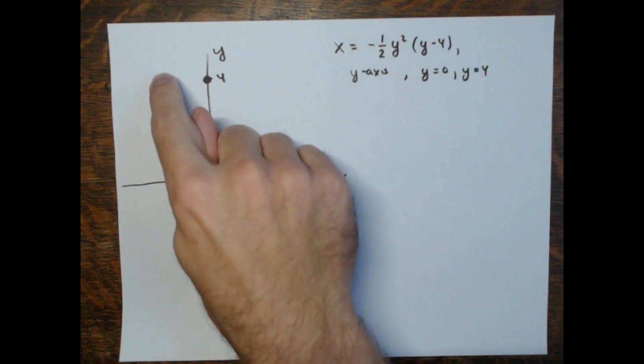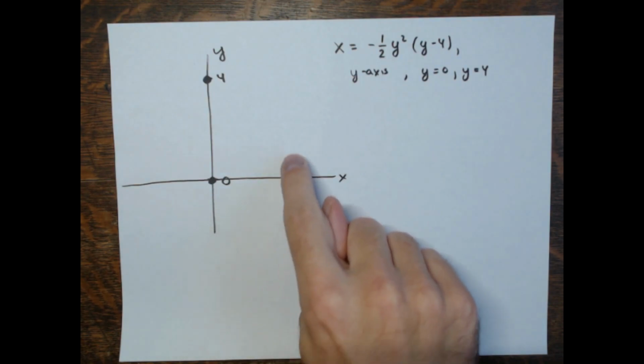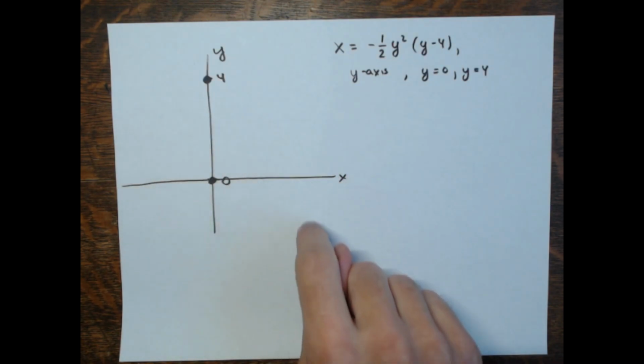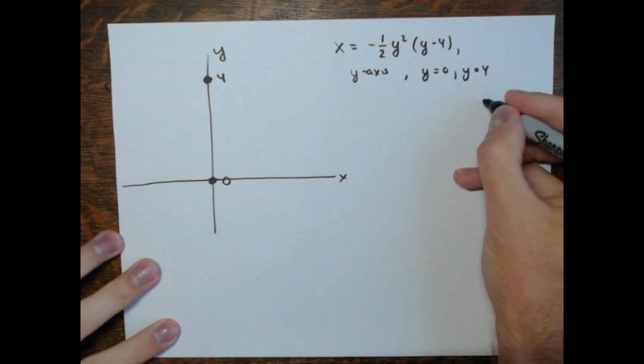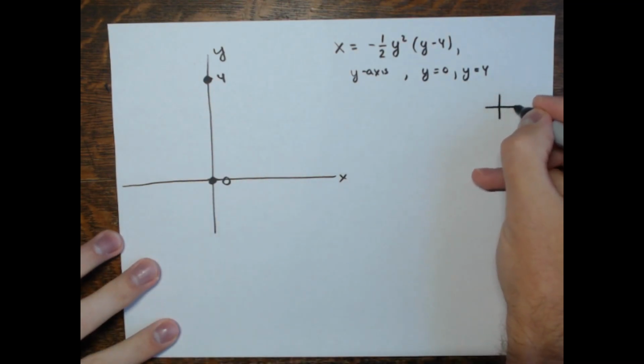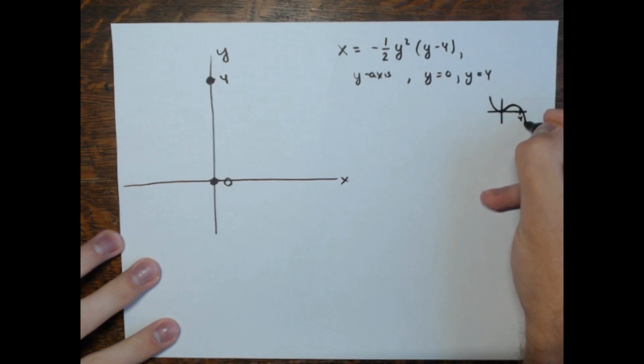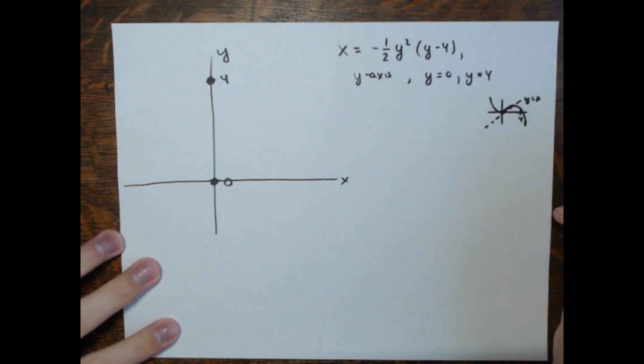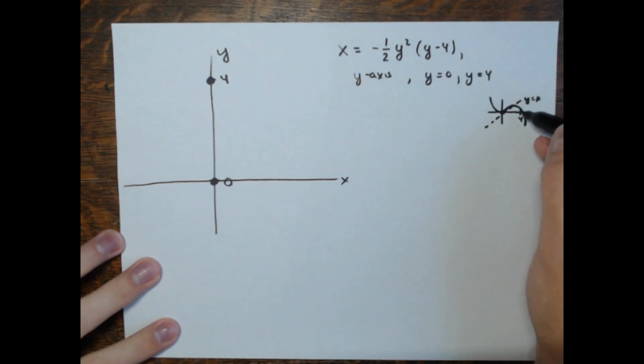It would have 0 and 4. Like, if it were y and x, it would have 0, 0, 4, 0, and look something like this because of that negative lead coefficient. And then we're rotating this around the line y equals x. All right, switching y and x here. So move all these points up here, move all these points down here.